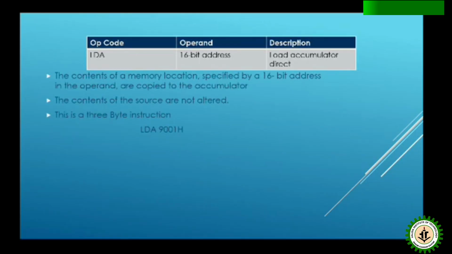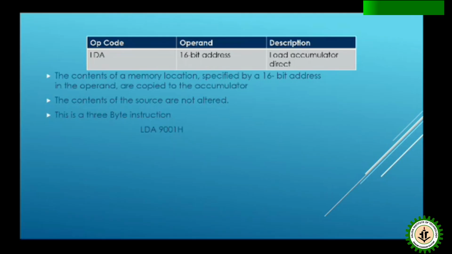Then one instruction I am discussing: LDA 16-bit address, load accumulator direct. The contents of the memory location specified by a 16-bit address in the operand are copied into the accumulator. The contents of the source are not altered. This is a 3-byte instruction.